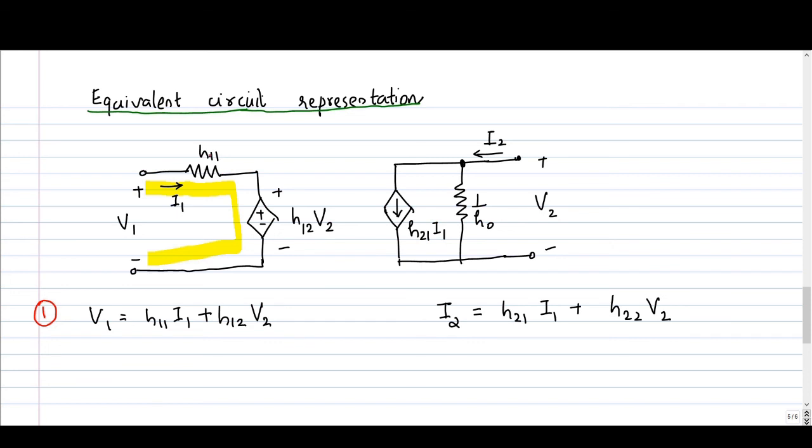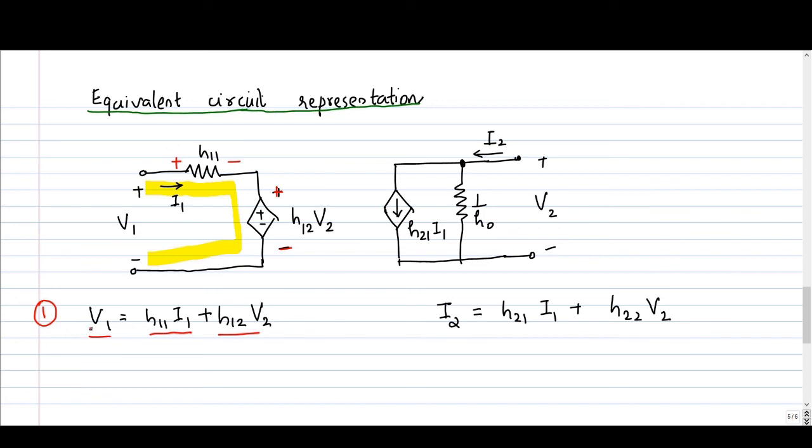I have shown a resistance with magnitude H11. The current flowing through that resistance is I1, so the drop across this is H11 into I1. So V1 is equal to H11 I1 plus voltage across this dependent source, H12 V2.